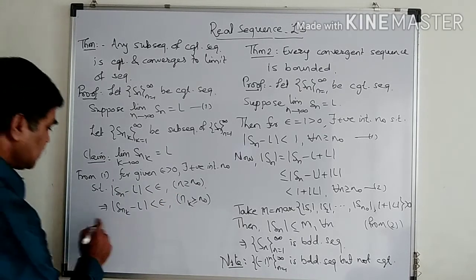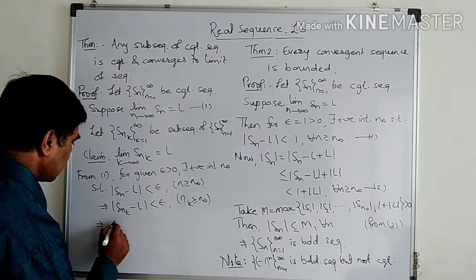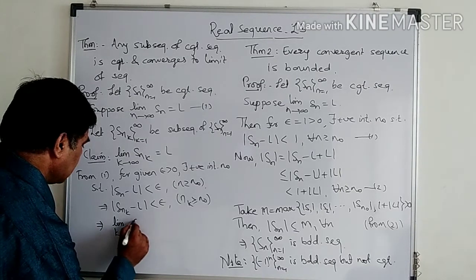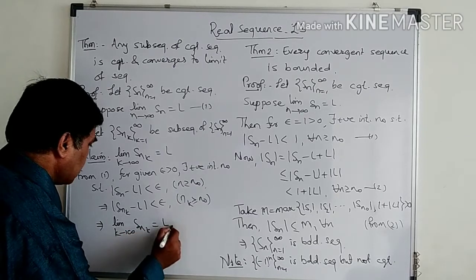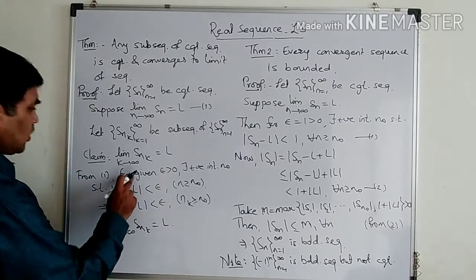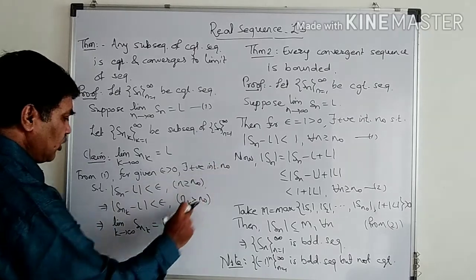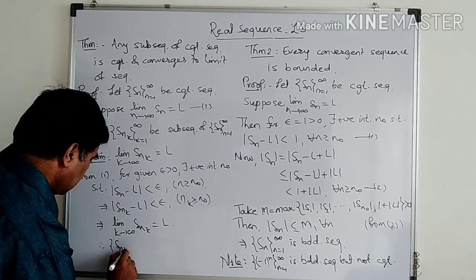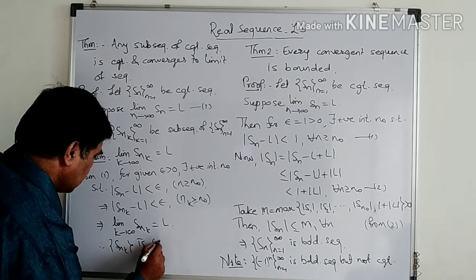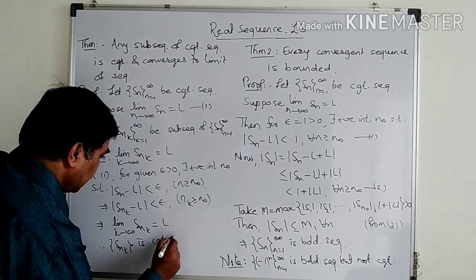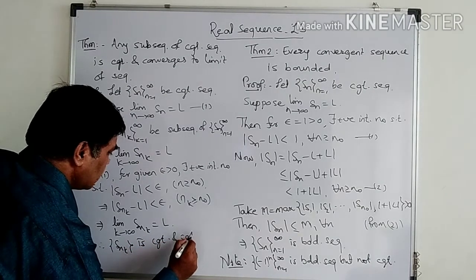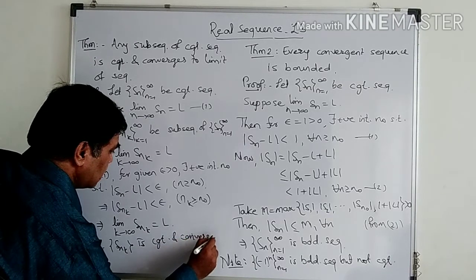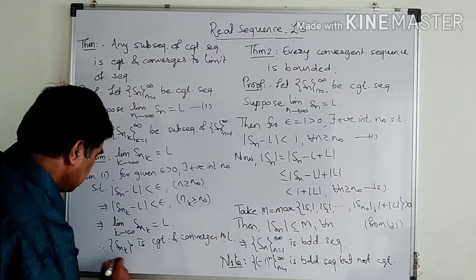This implies limit as k tends to infinity of Snk is equal to L. Means for given epsilon greater than 0, the same n naught works here. And therefore Snk is convergent and converges to L. Hence proof.